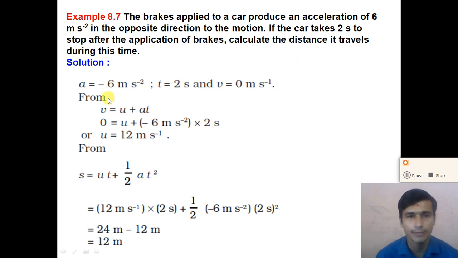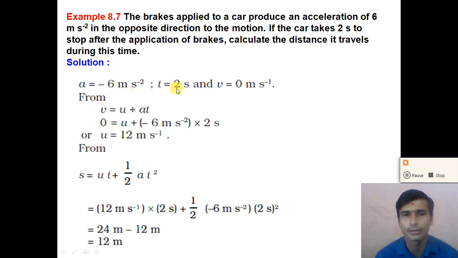So here we take acceleration a is equal to minus 6 meter per second square. Why do we take a minus acceleration? Because by applying a brake, the velocity of the car is reducing. So acceleration will be negative. So the car produces an acceleration of 6 meter per second square in the opposite direction. So we take a is equal to 6 meter per second square, but minus, right? Minus we put in the opposite direction.